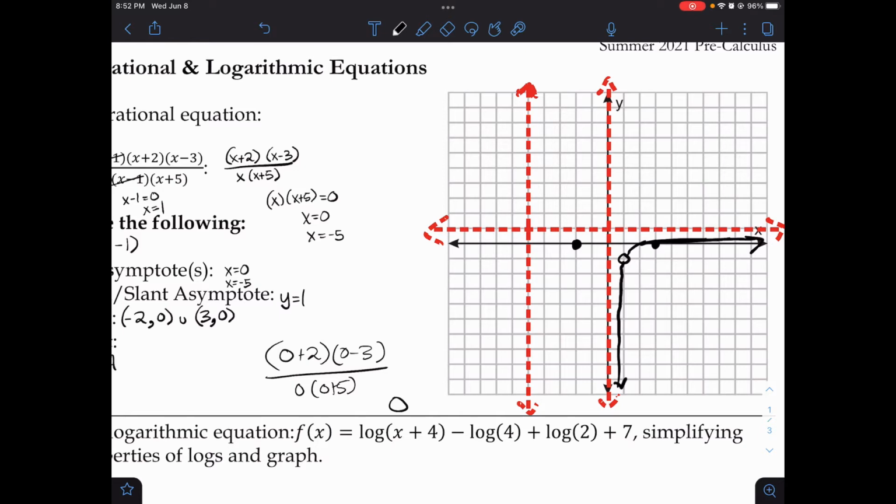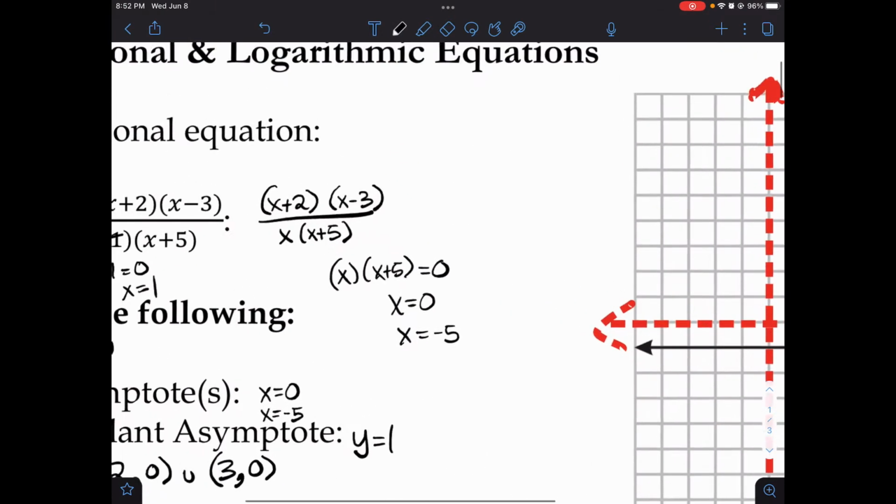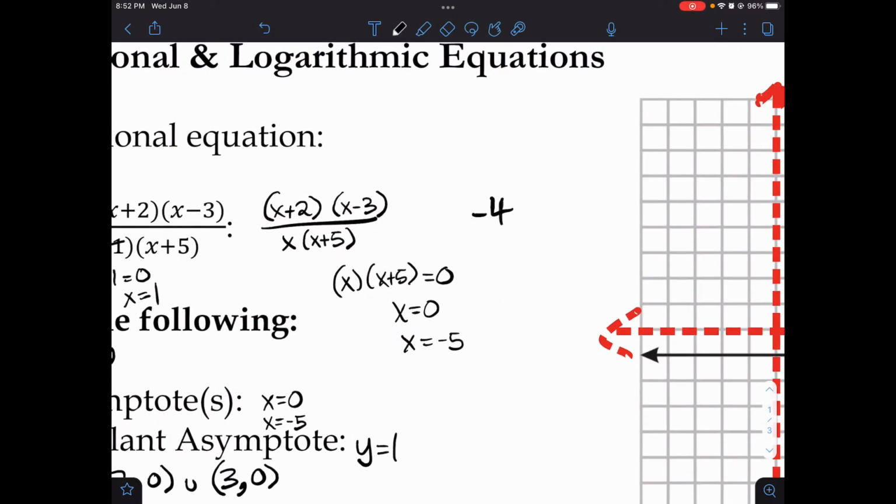So let's say we plug in, what's this point? 1, 2, 3, 4, 5, 6. Let's say we plug in -6. Okay, so if we plug in -6 into the equation, we get -4 times -6 minus 3, -9, all over -6 times, what's that? -1.